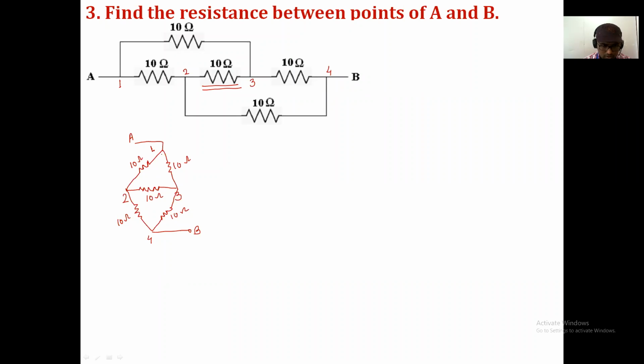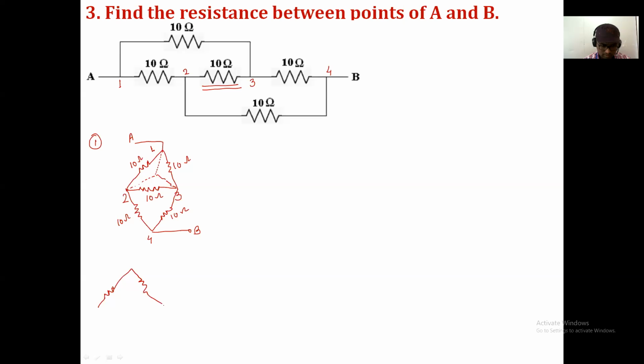So the first step is that I try to create the star inside the delta in the main circuit diagram. Is it right? Then let me take this delta diagram outside.